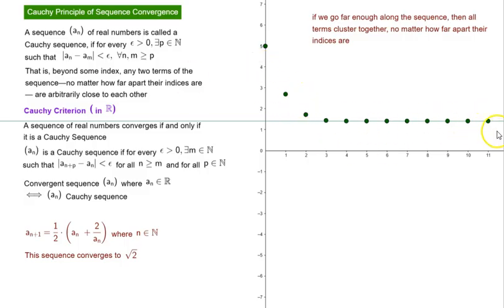Now, this is one way of representing the sequence. Another way is we don't bother with the indices. We just plot the values of the terms. So let's do that. These are the terms of the sequence.